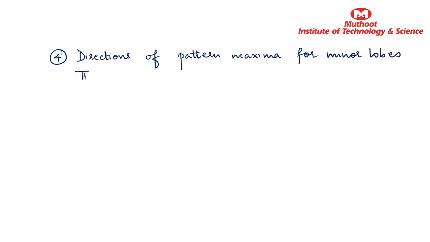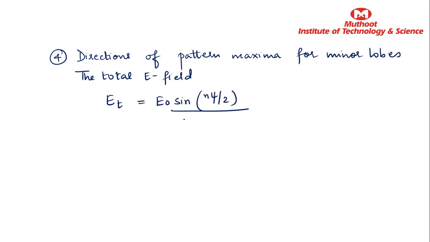So the total electric field, E of t is equal to E naught sine of n psi by 2 upon sine of psi by 2. This comes from the derivation of array factor. So please do the array factor derivation first and then come for this particular derivation.